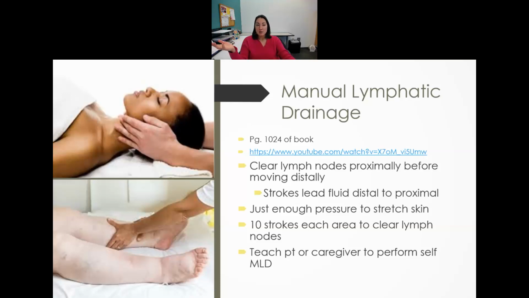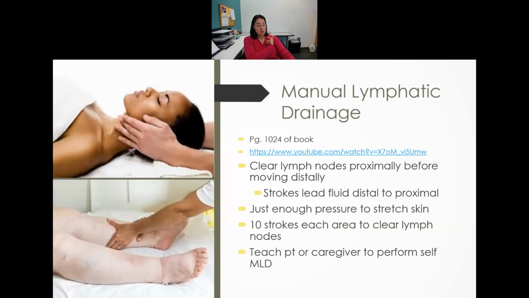So you've got to start proximal at the lymph nodes, and you've got to push that fluid out and allow that fluid to get drained so that it can accept more fluid coming to the area. So first we clear the proximal lymph nodes, and we still push proximally.